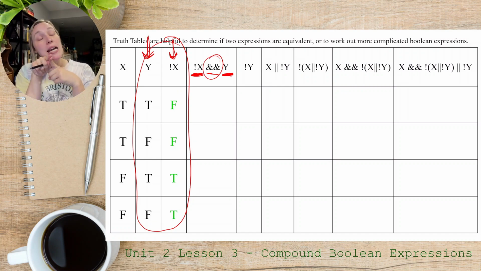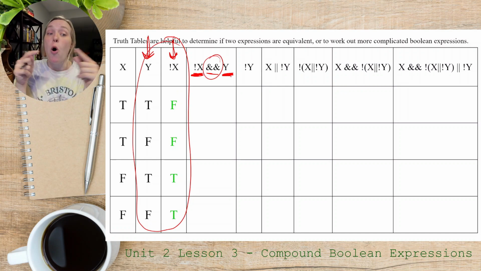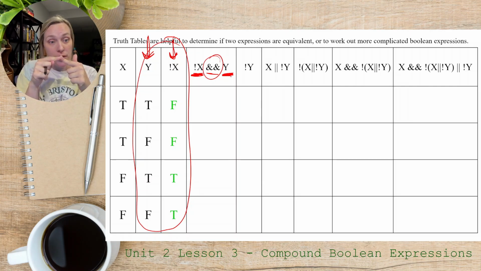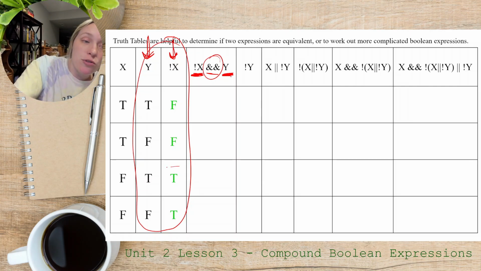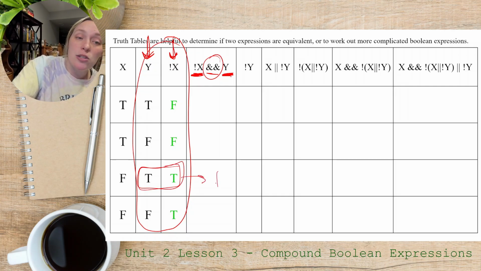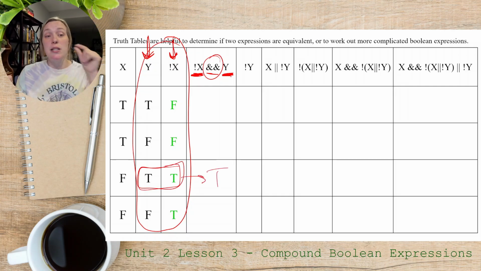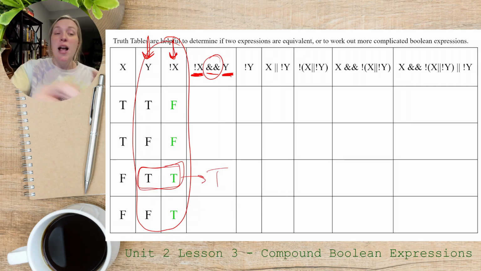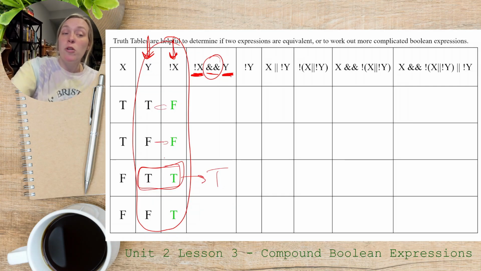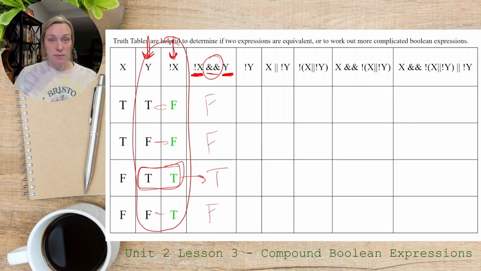Okay, now remember, and evaluates to true only if both are true. Okay, so where are they both true? Well, they're both true right here. Okay, so this should evaluate to true because they're both true right there. Everywhere else, one or both of them are false. So everywhere else, we should have a false. Okay.